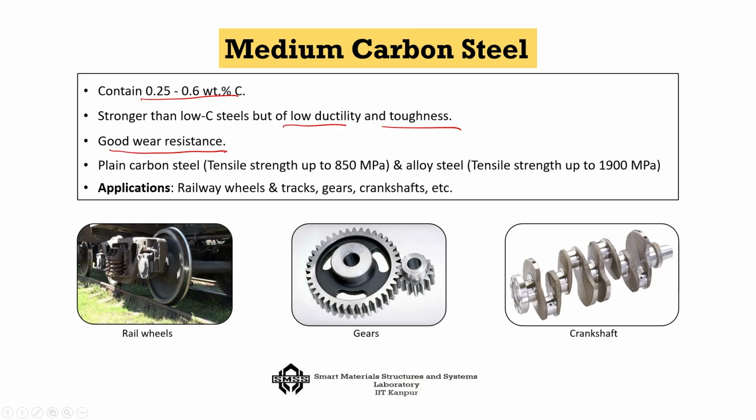That is why they are used as rail wheels, as gears, as crankshafts. Plain carbon steel's tensile strength is up to 850, and if you alloy this steel it can go up to 1900. So, that means it is quite good from the strength point of view.